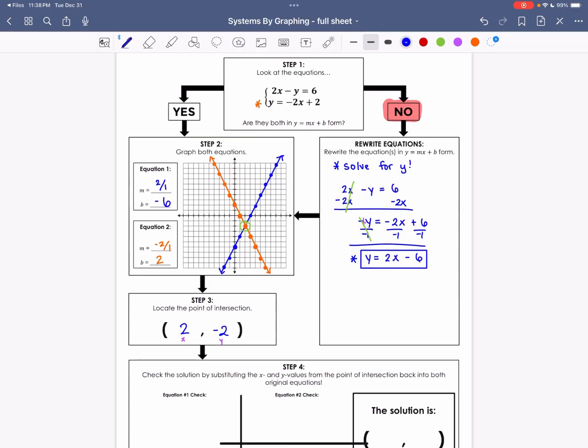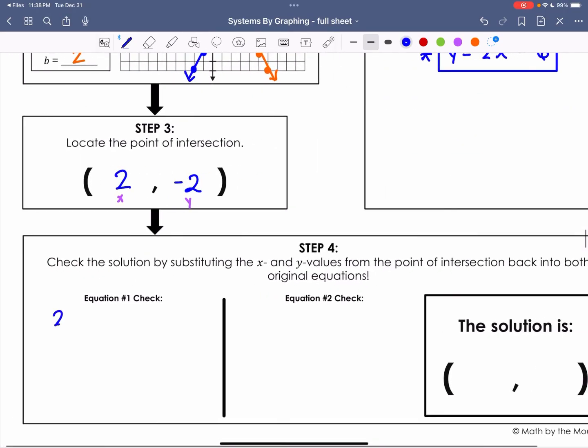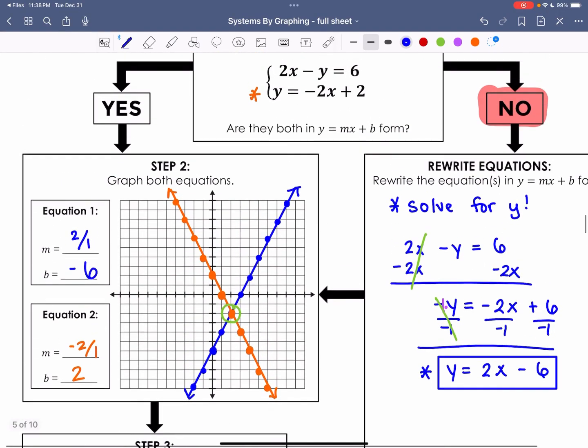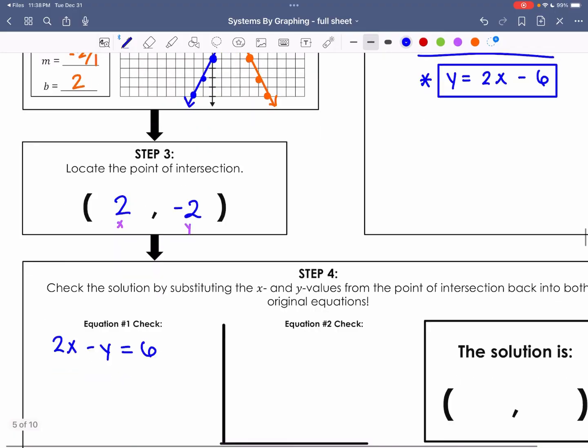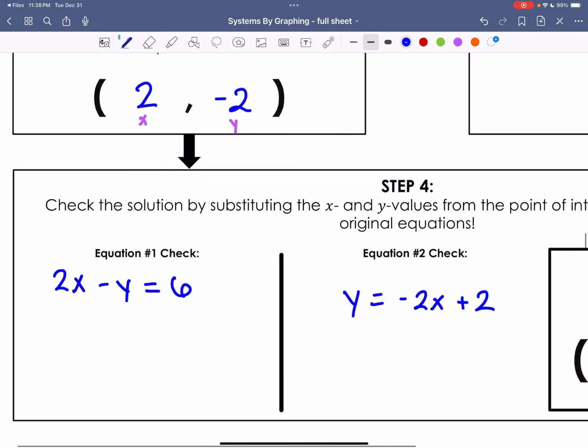So we are first going to start off with 2x take away y equals 6. And then our other original equation was y equals negative 2x plus 2. All right, so we are checking 2 for x and negative 2 for y. So everywhere that you see an x, you are going to substitute it with a positive 2. And everywhere you see a y, you are going to substitute it with a negative 2.